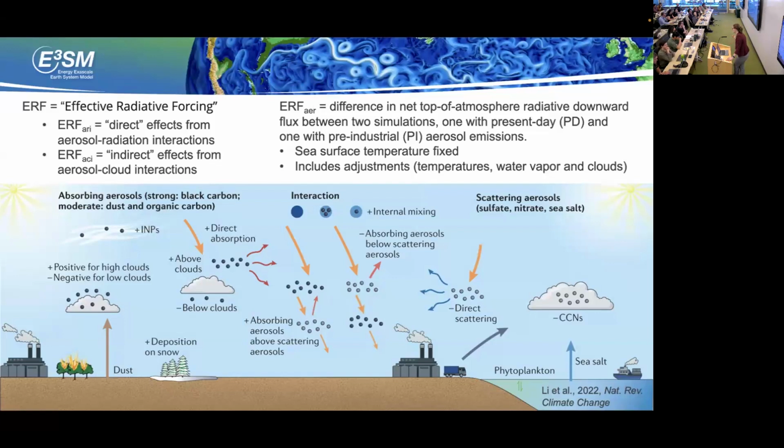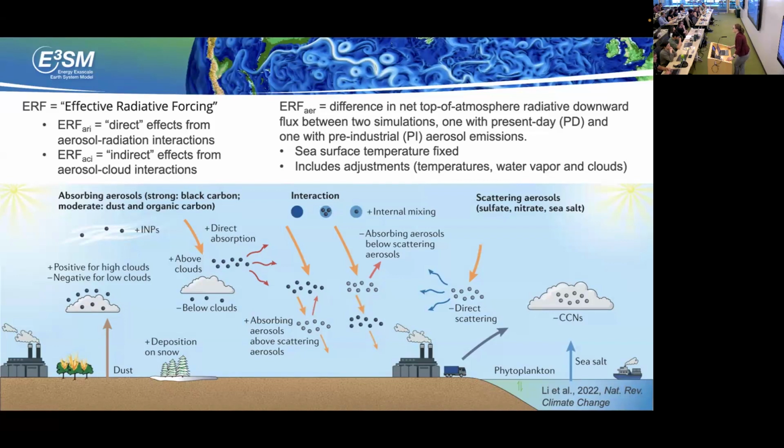And in particular, the cloud adjustment is a very large part of the aerosol effect on climate. And so we distinguish between the direct effects of aerosol, which we call ERF ARI, through direct interactions with radiation, and the indirect effects, the ERF ACI, which is the effects on radiation through interactions with clouds.